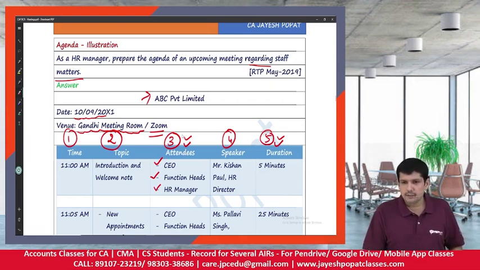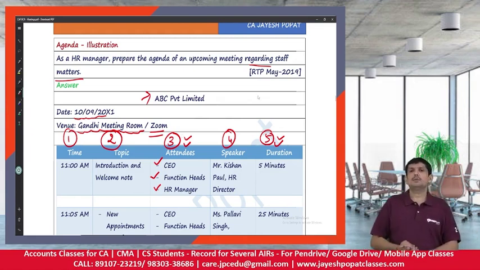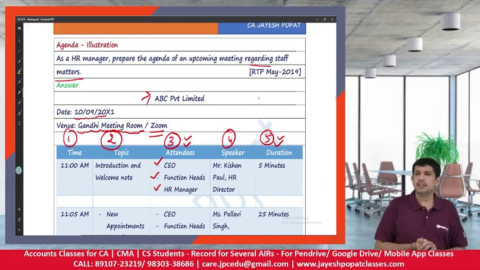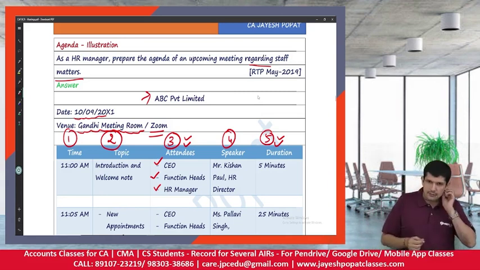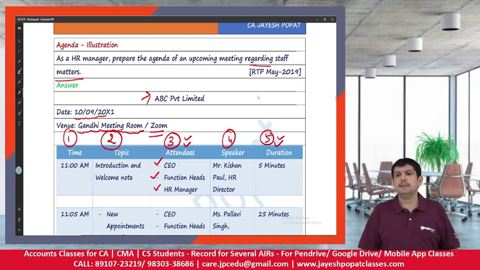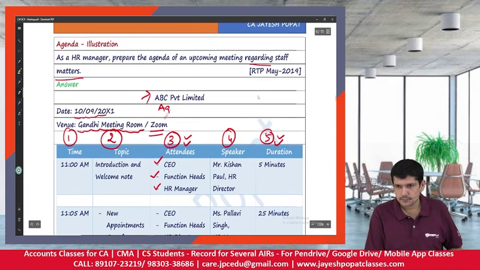Who is the speaker? First we will have the startup. So we were discussing how to make an agenda which is to be prepared by the HR manager of an organization, right, for the upcoming staff meeting. So we said that the name of the company is ABC Limited, and we are preparing the agenda for this.